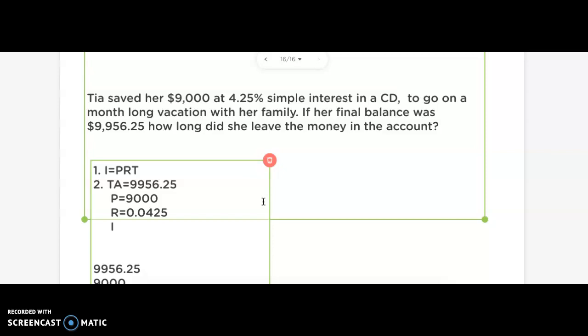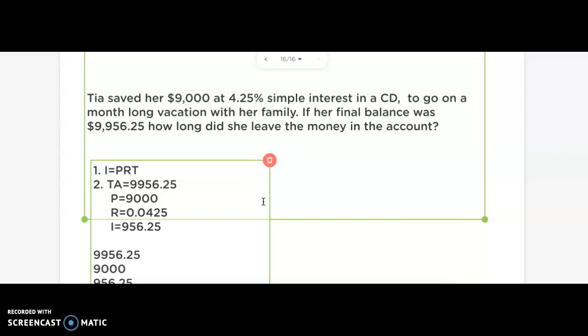That lets me know that my interest is $956.25. Remember, if they give you the total amount, you have to subtract the principal to find the interest in these types of problems.